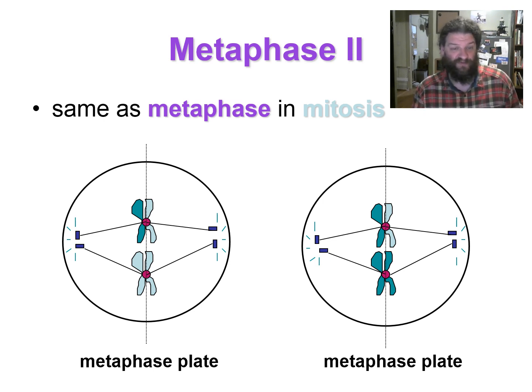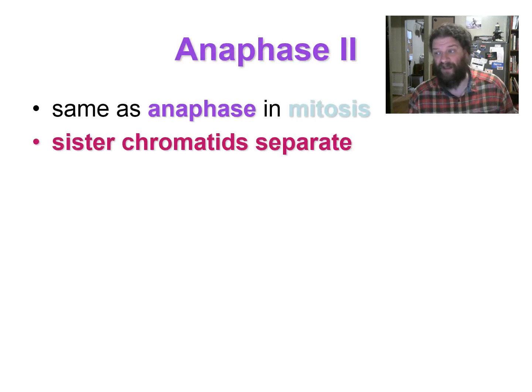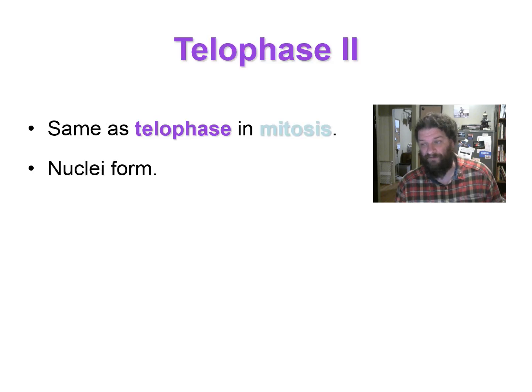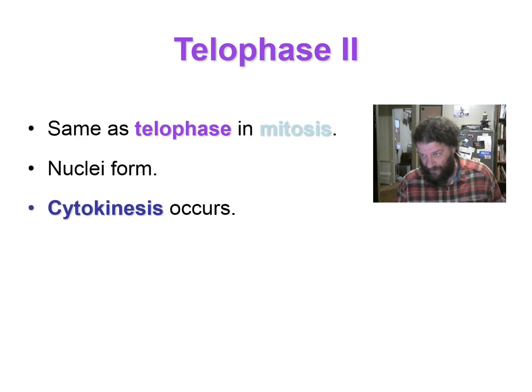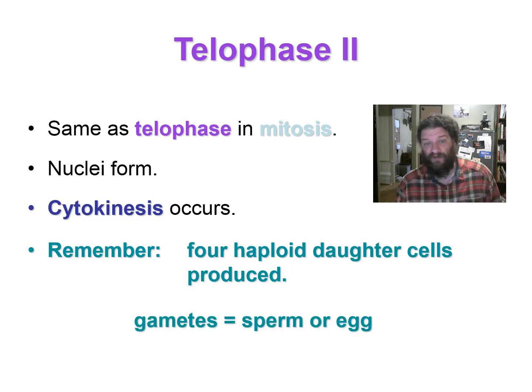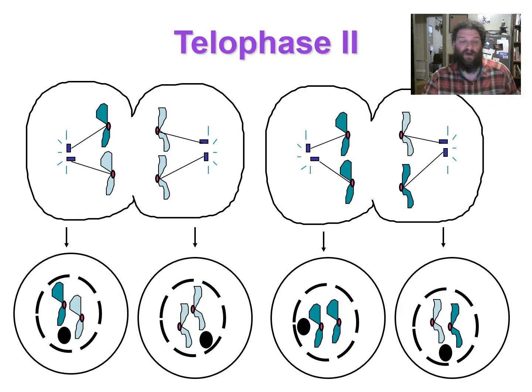And since maternal and paternal can be different, when we go through anaphase, separating the chromatids, and then finally telophase, reforming those nuclei, and cytokinesis, we end up with 4 haploid cells, those sperm or egg cells. But it's important for us to recognize that those 4 cells are genetically different from one another.